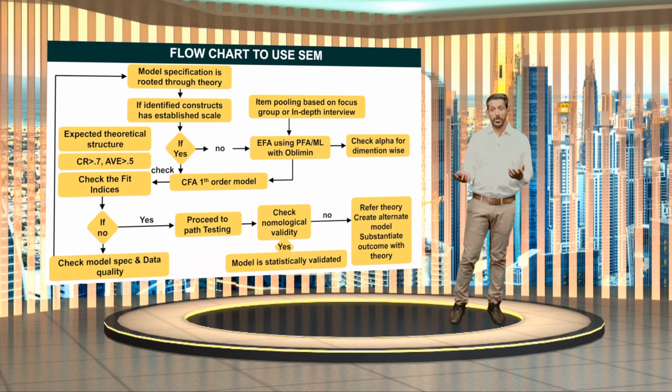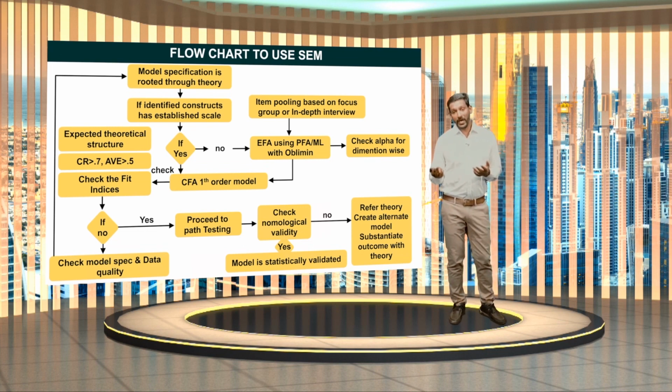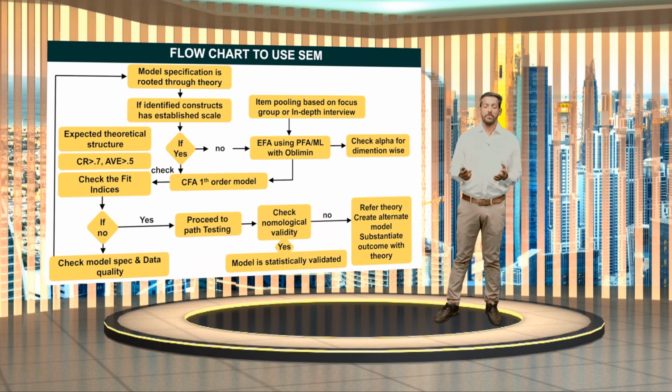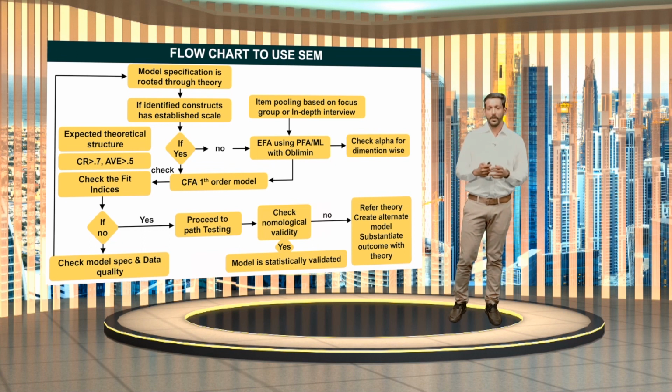If you take all 20 items together, your Cronbach alpha can come even 0.98. There is no wonder in that. It doesn't mean we are getting the right output. This 20 may spread across 3, 4 or maybe 5 dimensions. So it is better to check the Cronbach alpha dimension wise rather than taking the whole scale together.